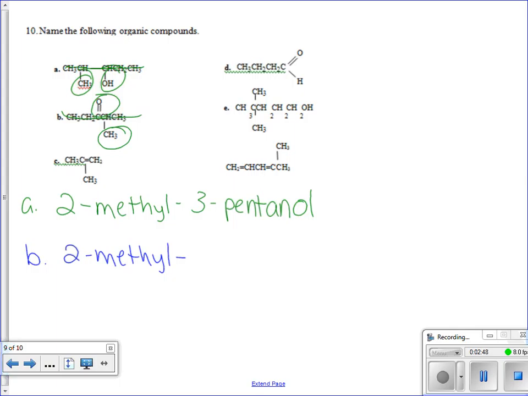Our ketone is on the third carbon. So that's 3 dash. There are 5 carbon total, so that's pent. There's all single bonds in between the carbons, so that's AN. And then if you look in your foldable at ketones, the name says ONE. So that is 2-methyl-3-pentanone.